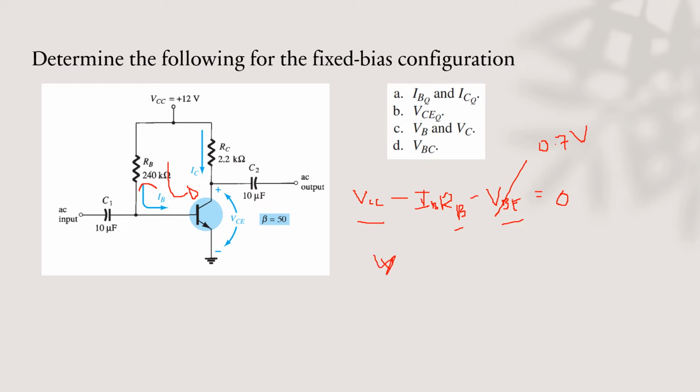So VCC. We isolate IB on the other side. Our equation goes like this: IB equals VCC minus VBE over RB.